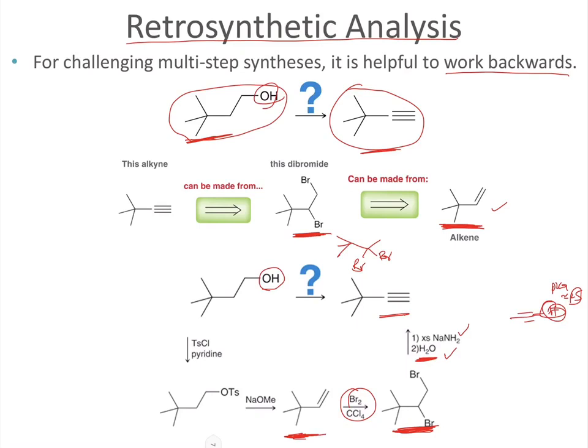So the reaction involves the use of the alcohol, then from the alcohol we transform it into a good leaving group, and then we do elimination to give us the product, and then we do halogenation, and then finally we install the alkyne.